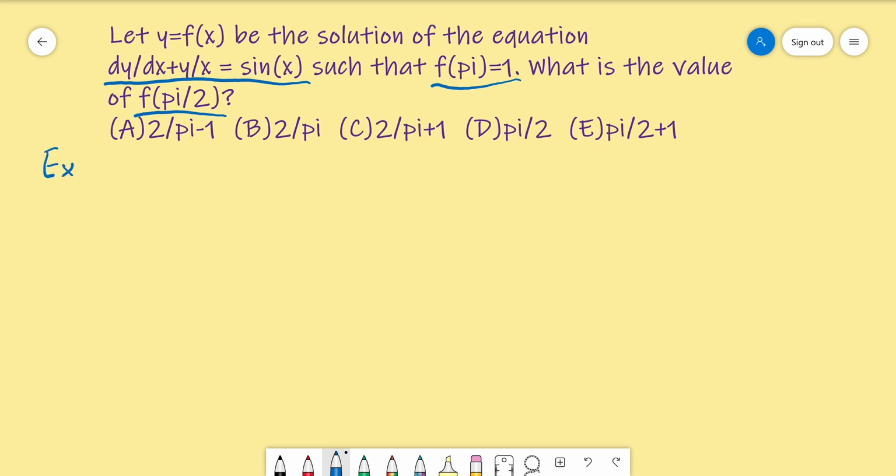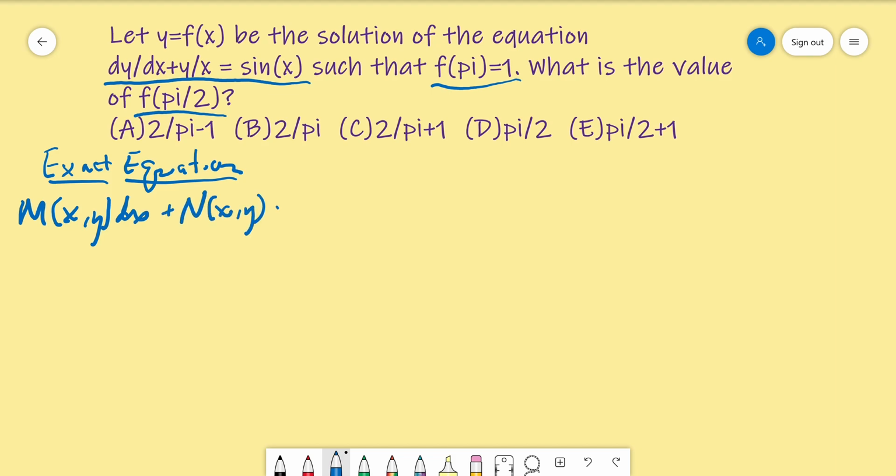An exact equation is a differential equation of the form M, some function M of x, y, dx plus N, some function N of x, y, dy equals 0. And these two functions M and N have to satisfy a certain property, which I'll say in 1 second.